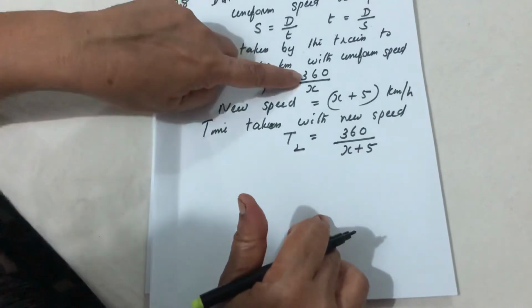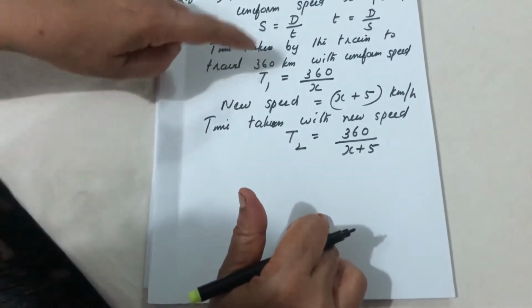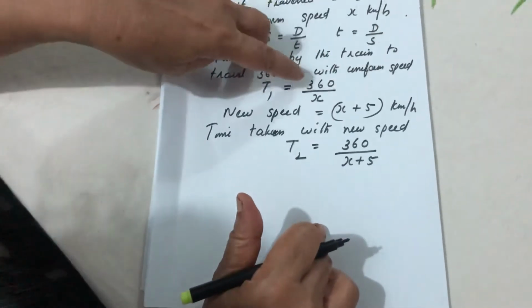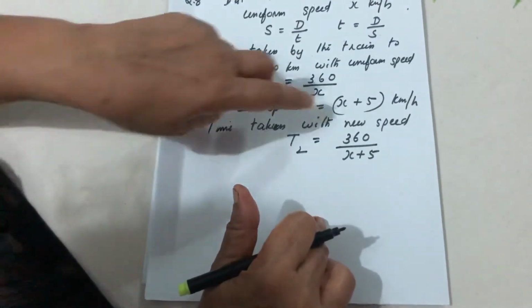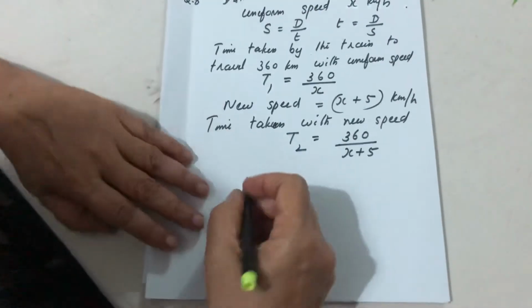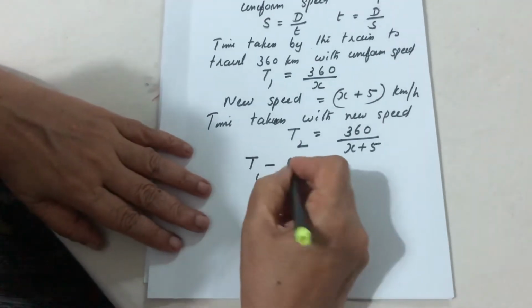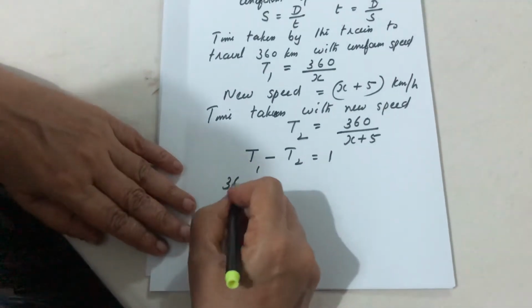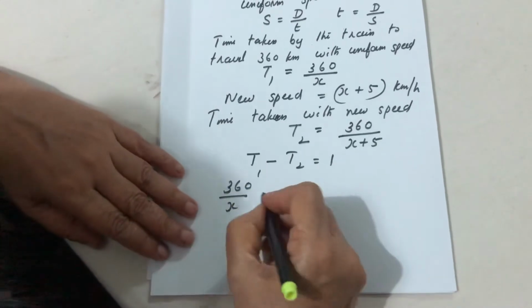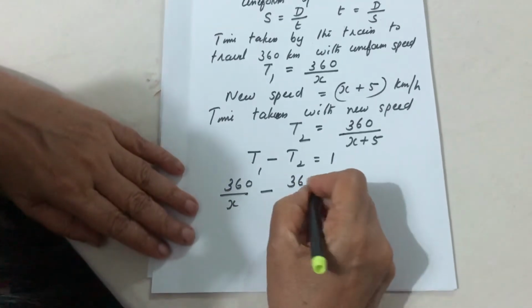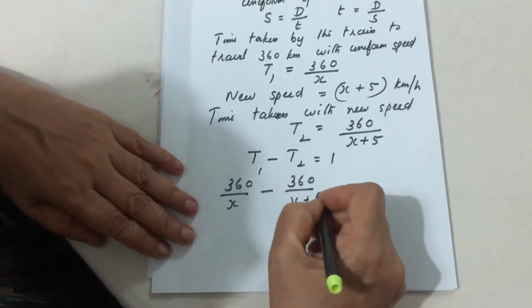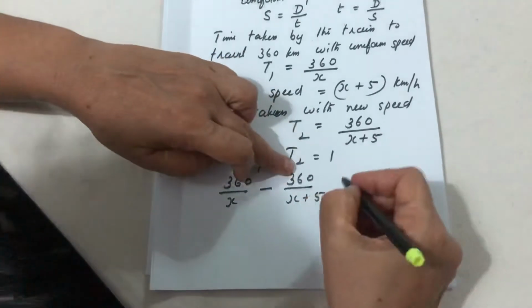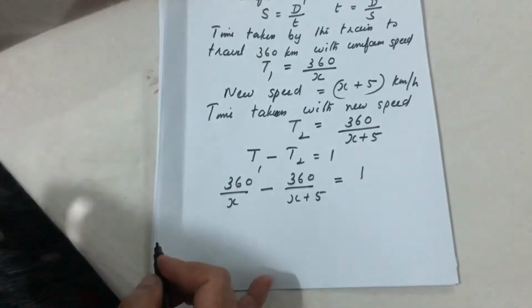This 360 by x is more. That means time taken with the uniform speed will be more than the time taken with the new speed. So I am taking the difference in time equal to 1 hour. So 360 by x minus 360 by x plus 5, that is the difference in time. Difference time is 1 hour.